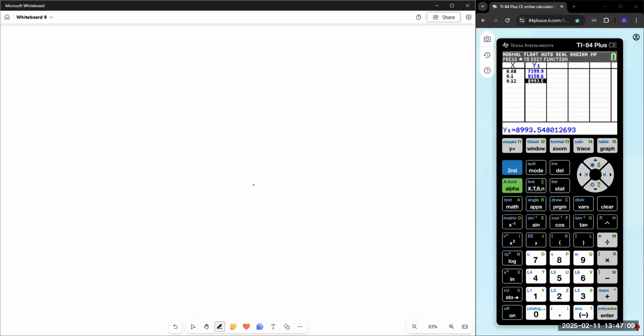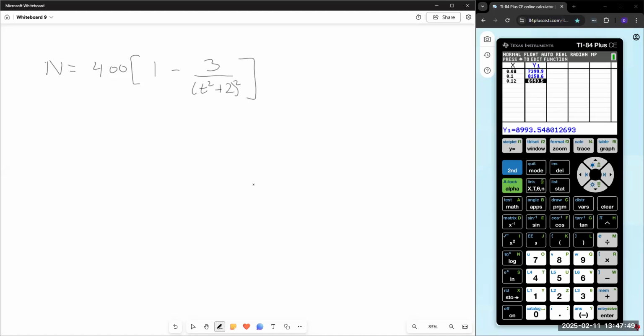So the number capital N of bacteria in a culture after T days is modeled by capital N equals 400 times the quantity 1 minus 3 over T squared plus 2 to the second power in the denominator, close parentheses, and we want to find the rate of change of N with respect to T.